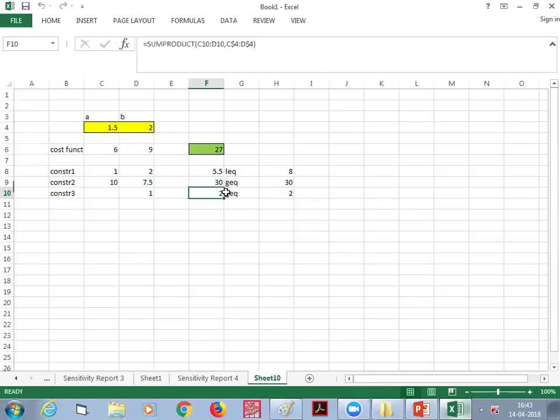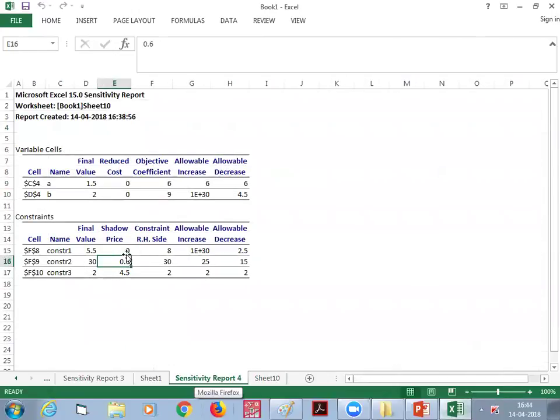And 2 is equal to 2, which is what we required for this. So these two constraints are binding. The first constraint is not binding. And that reflects in the shadow prices or dual values. The second two constraints have dual values. First one doesn't, because it's not binding. A non-binding constraint does not have a shadow price.